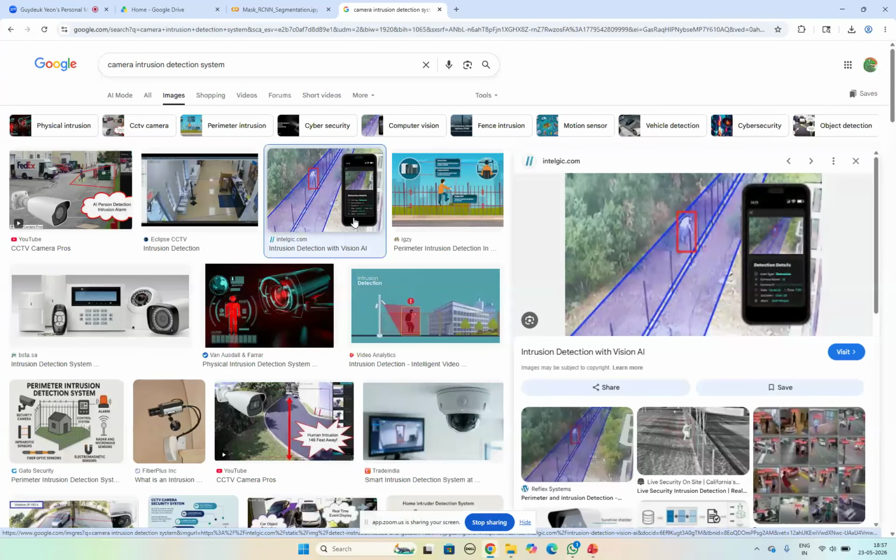If you can see over here, someone is trying to cross a fence. The video is captured and it is trying to segment this person. That is where it comes in handy, for person detection or intrusion detection, those kinds of things.